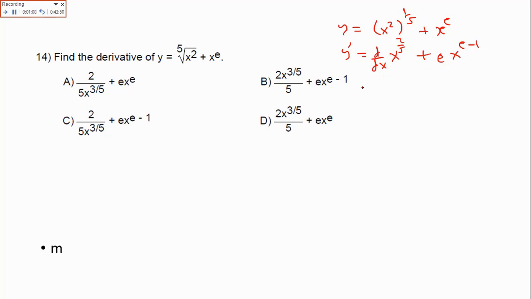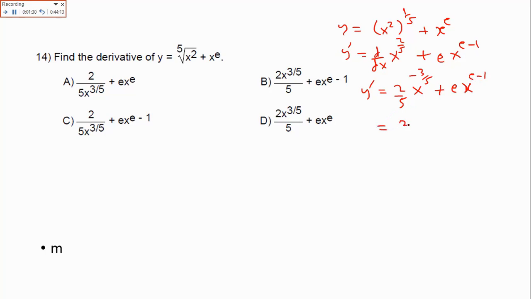Right. So let's go to the middle. So y prime equal to the middle will give us what? 2 over 5 x to the power minus 3 over 5, plus e times x to the power e minus 1.